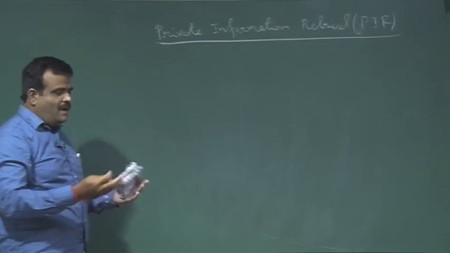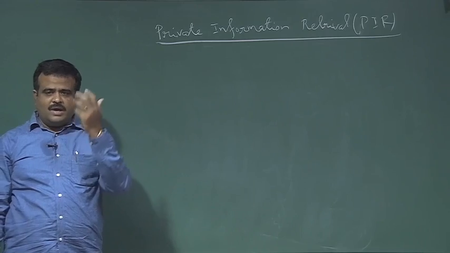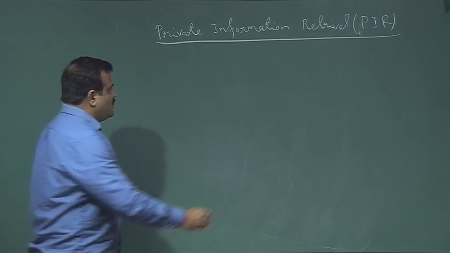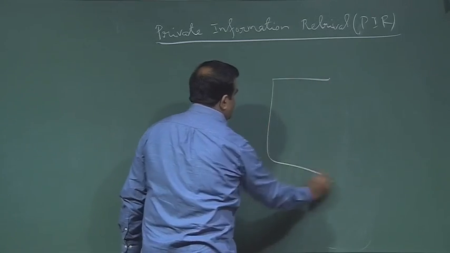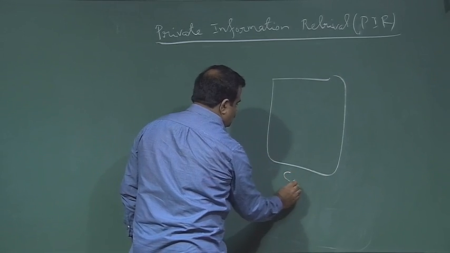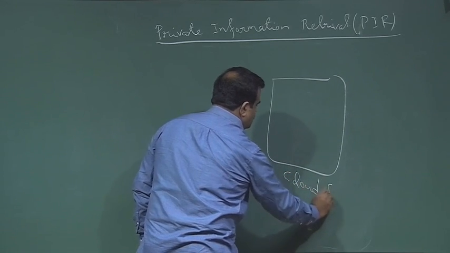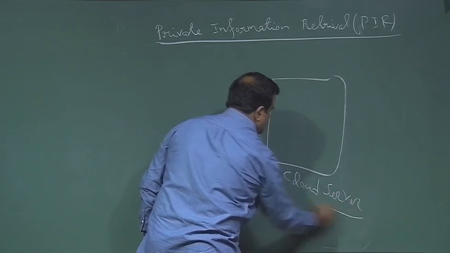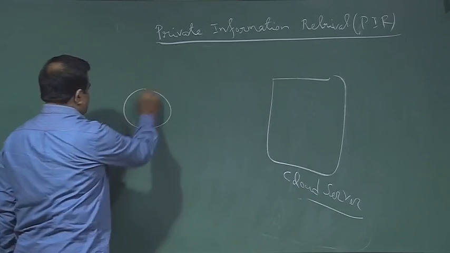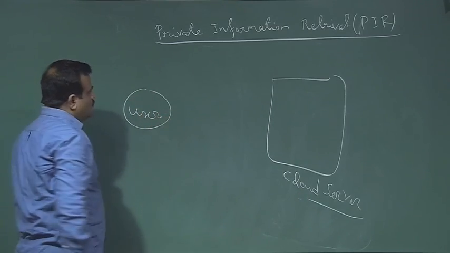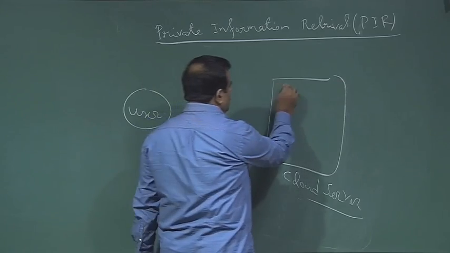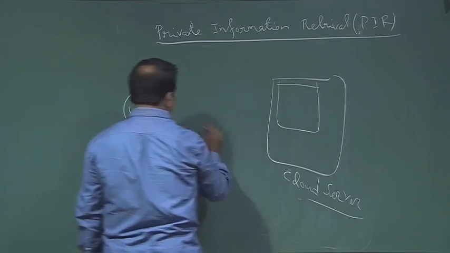Suppose we have a database, and we keep this database on the cloud side. So this is the cloud server, and this is the user. The cloud is holding the user database, and many users are there.